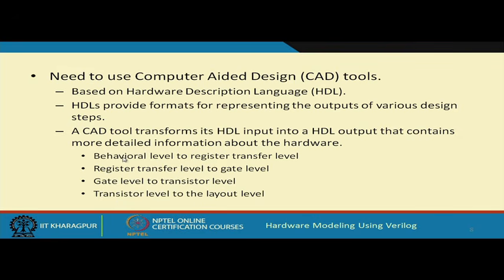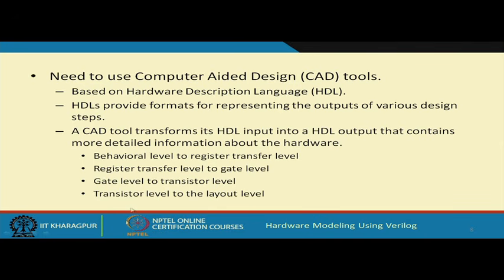Some of the typical steps in the CAD tool transformation are as follows. From the behavior, you can transform your design into a register transfer level design, which means from the behavior you convert it into a form where you have the registers, counters, adders, multipliers, multiplexers, a design at that level. Okay. Now, once you have done that, the next step will be to convert each of those functional blocks into gate levels.